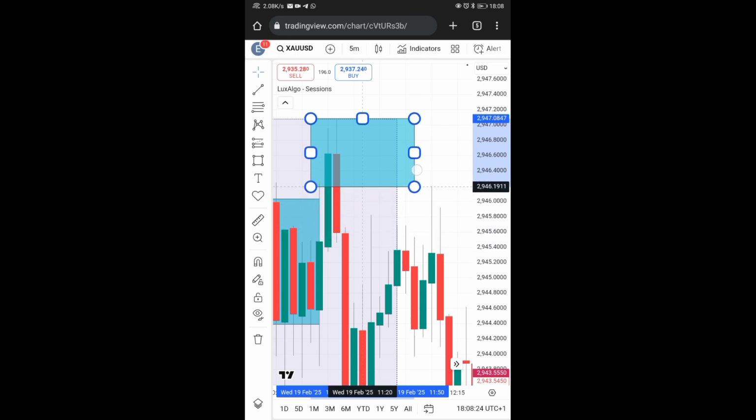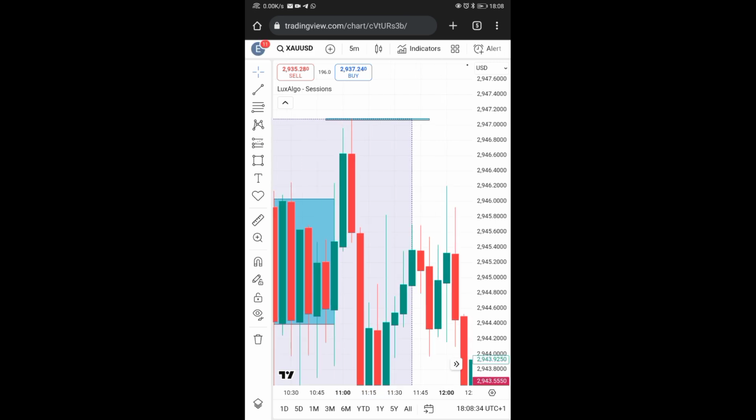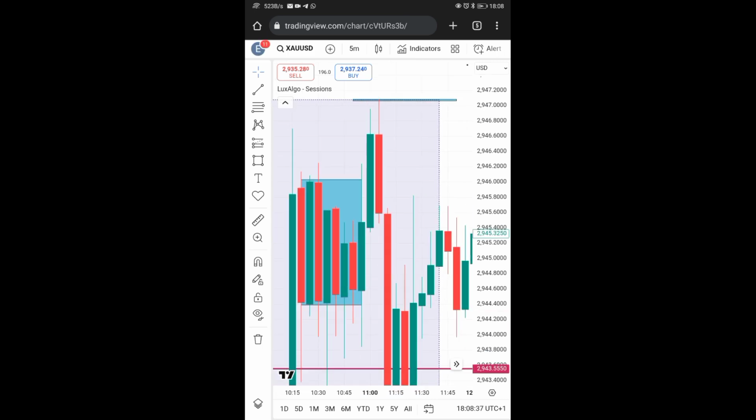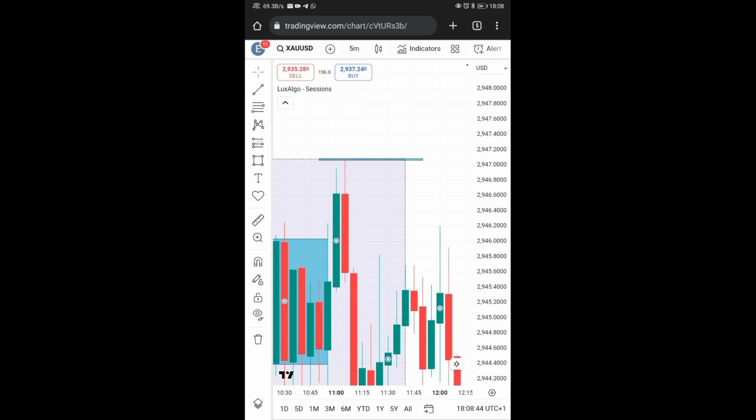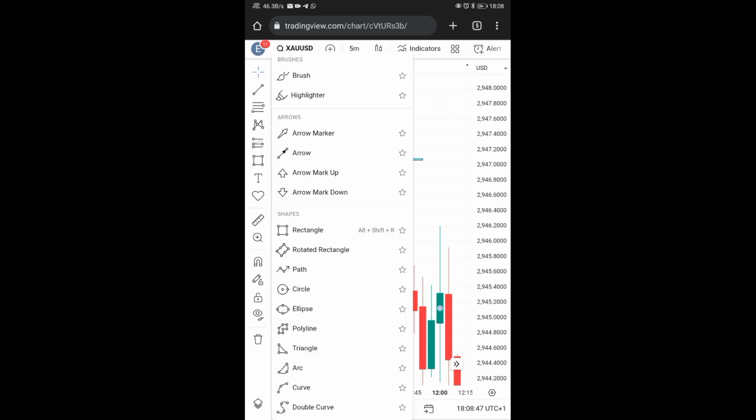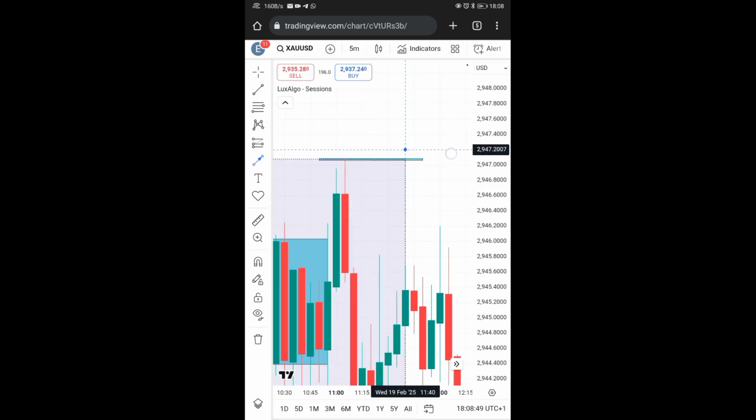Once you turn your chart to a candle, what you should do is mark the last bullish candle that led to the break of structure, the last bullish candle that led to liquidate all these wicks around here, is what you are going to mark out. You mark your OB, which is this very candle. This green candle is the one responsible for everything, you know. So you mark it out.